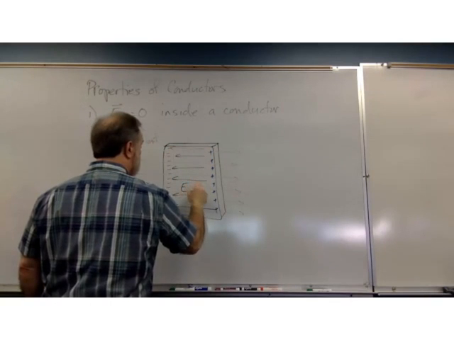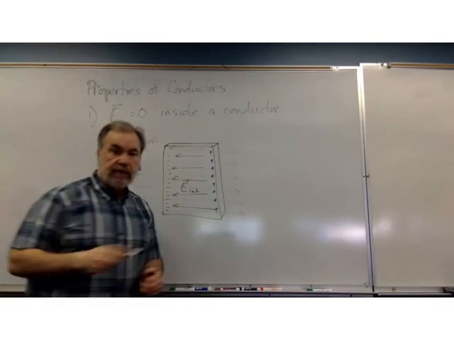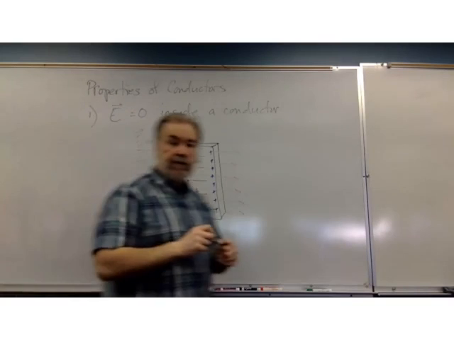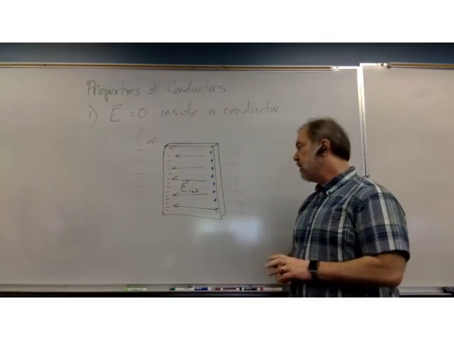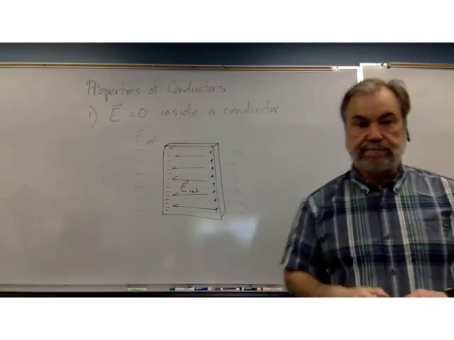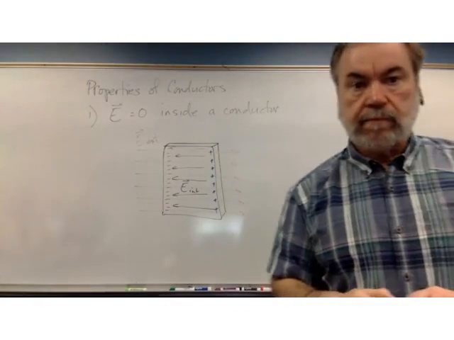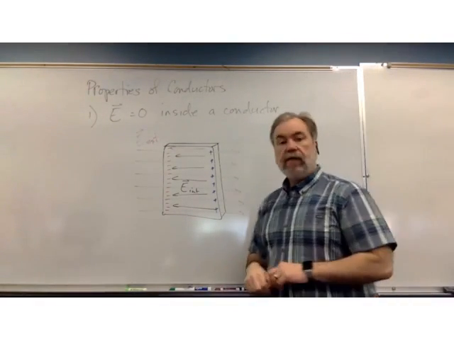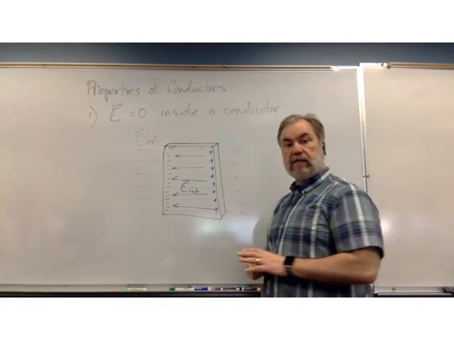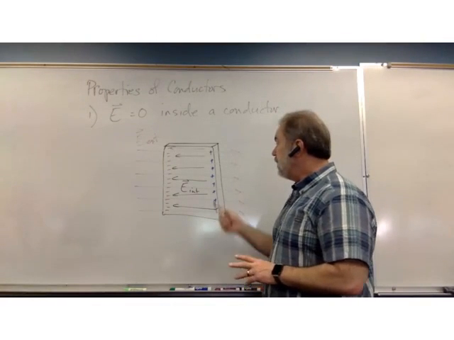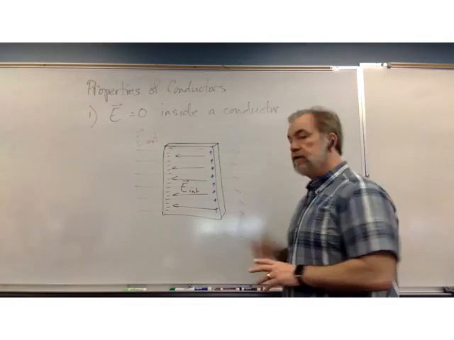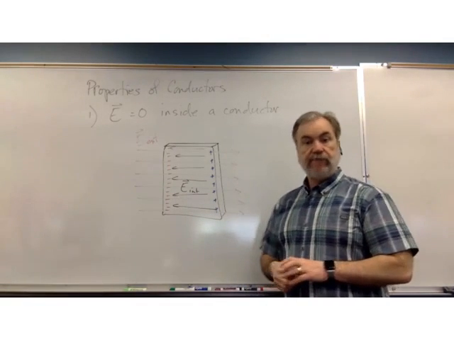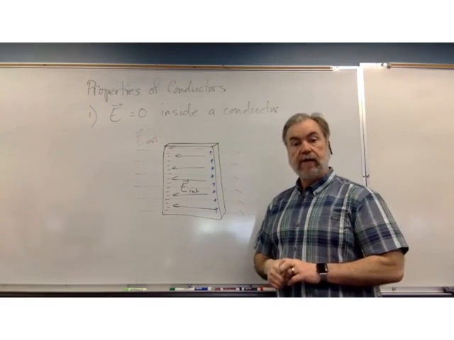E internal, I guess I'll call it. And the significant thing here is that this induced internal electric field points in the opposite direction of the external field. The result of that is the internal field tends to cancel the external field that induced this polarization of the charge inside the copper.